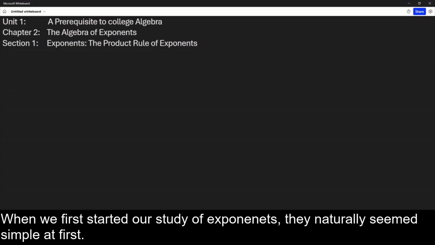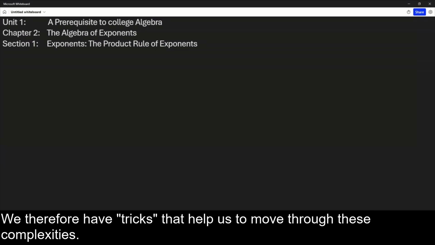When we first started our study of exponents, they naturally seemed simple enough at first. Unfortunately, they don't stay that way. In many other sciences, situations arise that bring more and more complex mathematics that take more and more time to compute. We therefore have tricks that help us to move through these complexities.